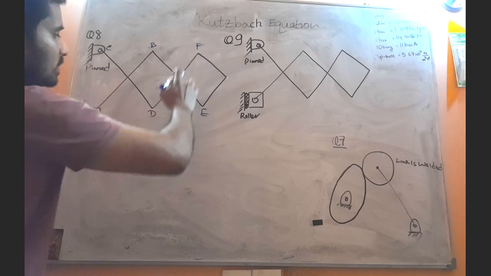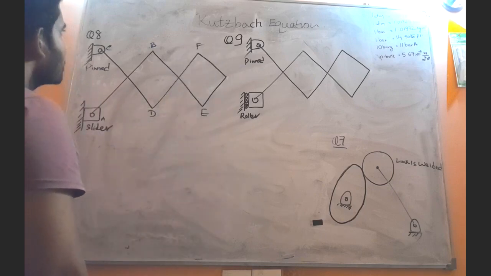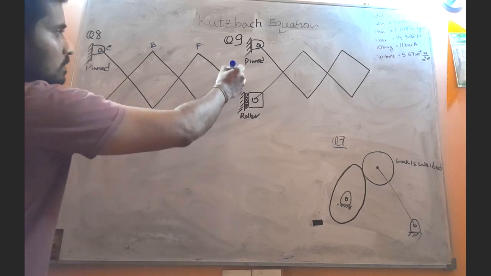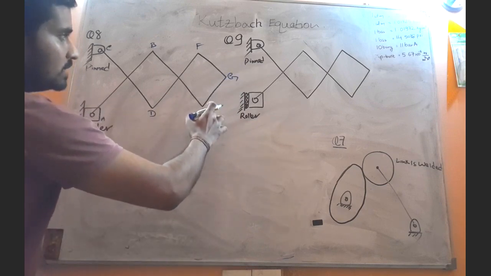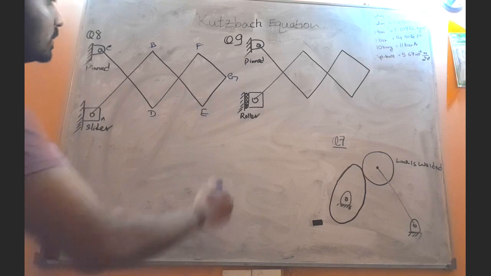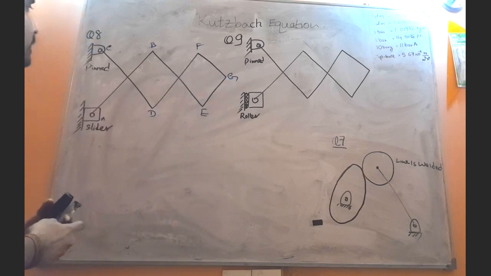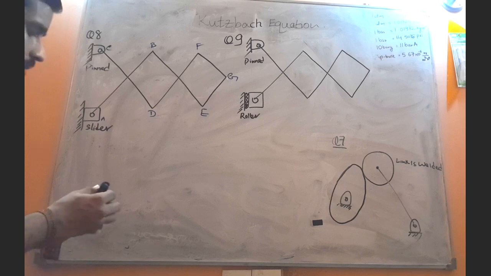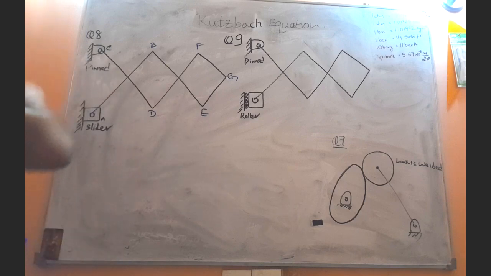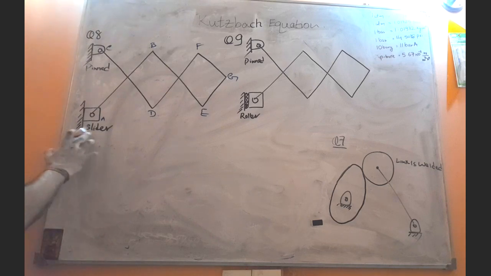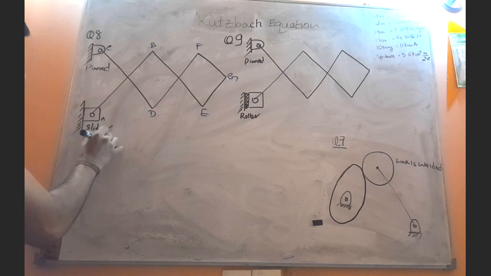This is link DF. This is link EG. And this is link FG. So now the links are clear. And here we have a pinned joint, and here we have a slider, or a piston.